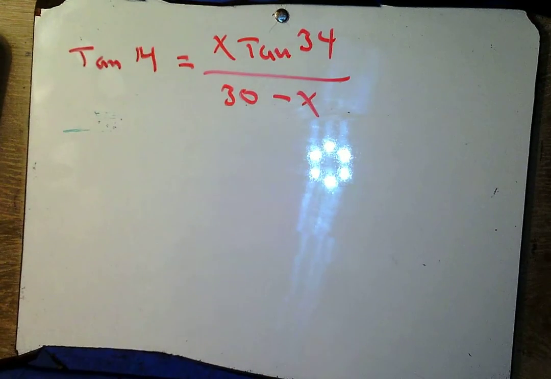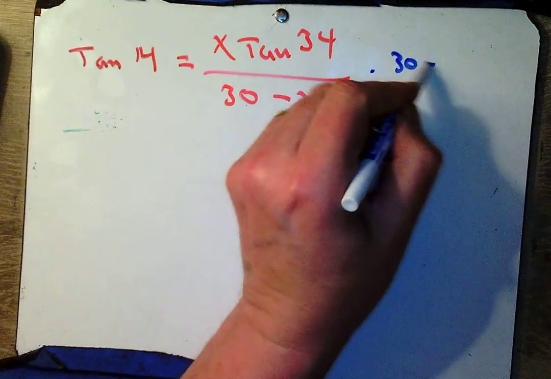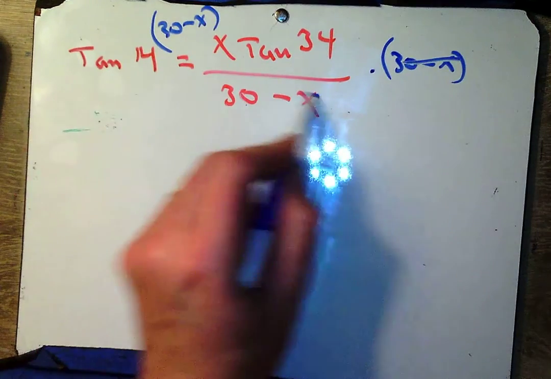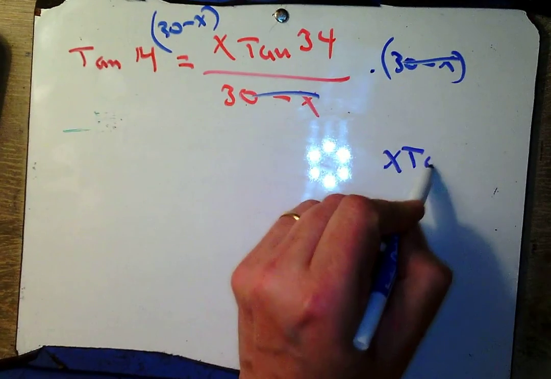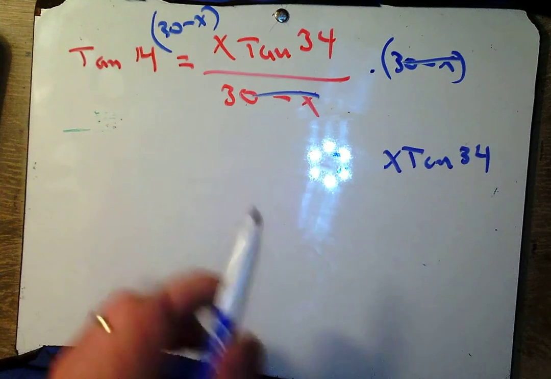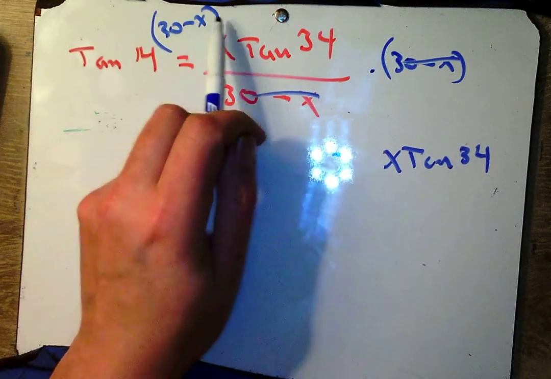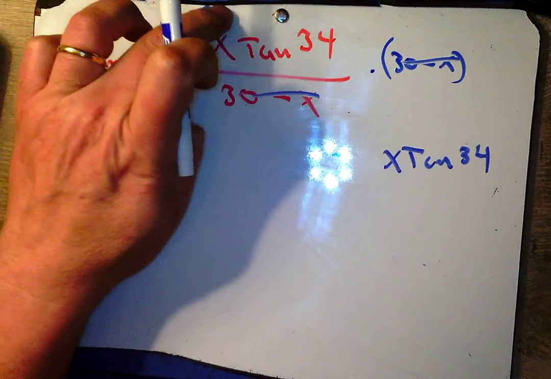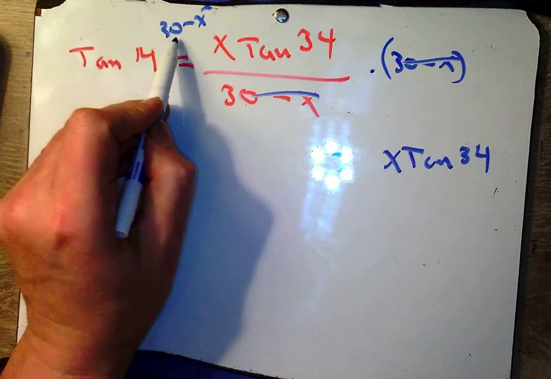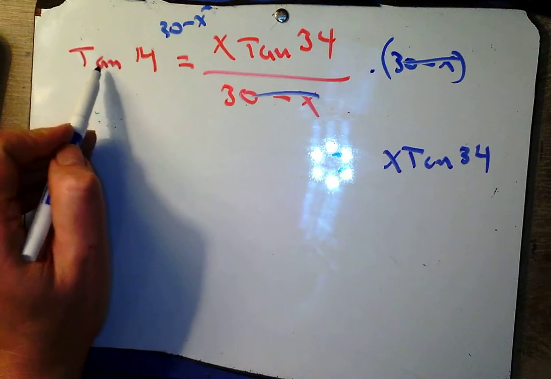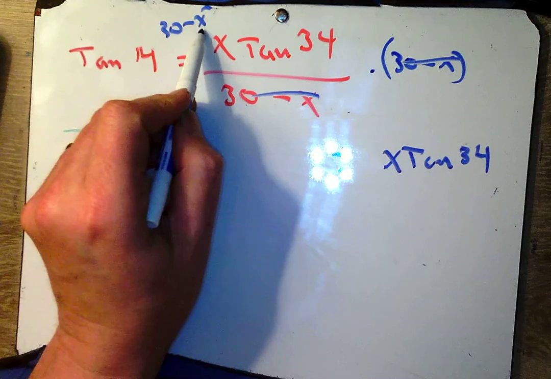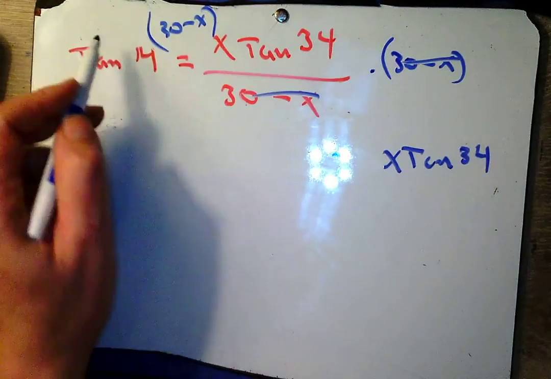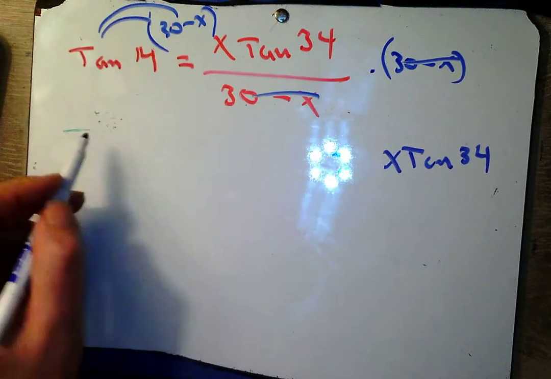Well, if I multiply both sides by the denominator, I get x tan 34 equals, hey, I want to say something about this. See how I put these parentheses there? I did that for a reason, because often students don't put parentheses, and they multiply the 30 times tan 14, and they do not multiply the x times the tan 14. I'm putting these here as a reminder that I'm going to distribute that tan 14 to both of those.